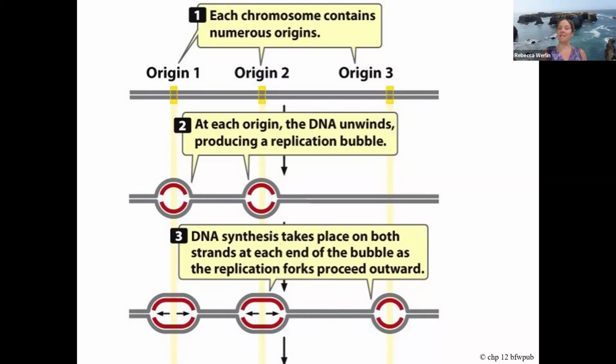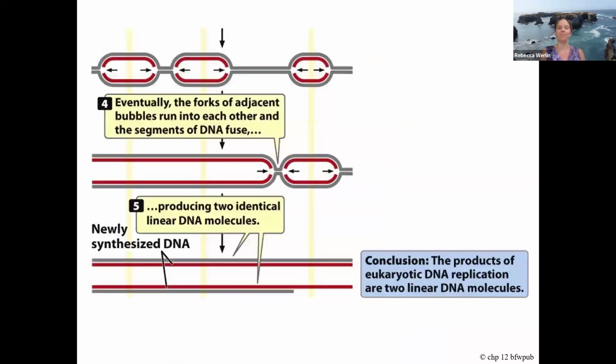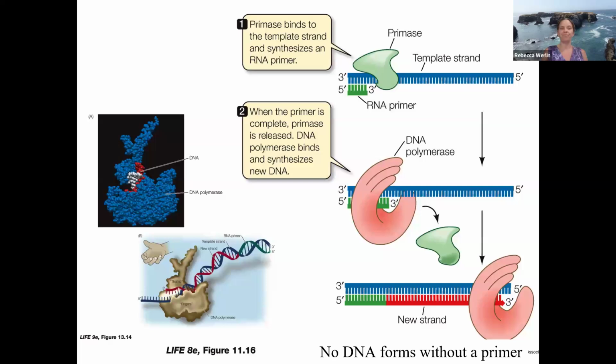You'll have multiple DNA polymerases polymerizing and synthesizing new DNA based on the template strand. And eventually they'll all come over and line up correctly, and you'll have two complete chromosomes.